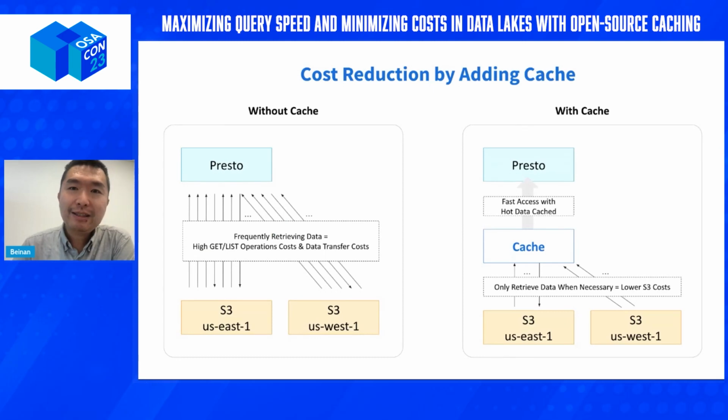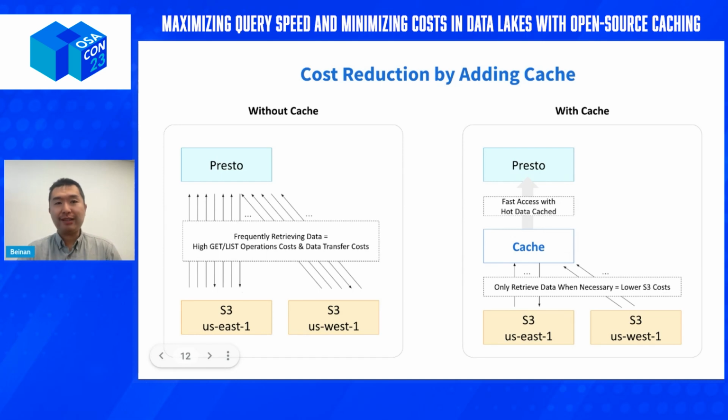Okay, so because I'm a committer and TSC member from the Presto community, today I will use Presto as an example, but actually this theory can apply to any other compute engine. So if Presto wants to run some query, it will try to fetch the data.